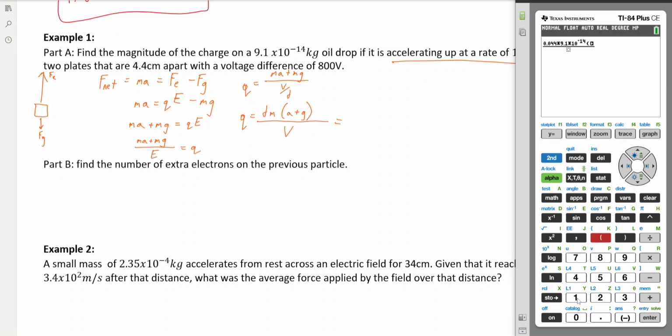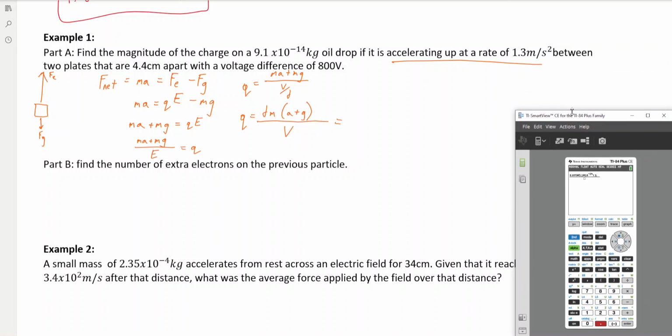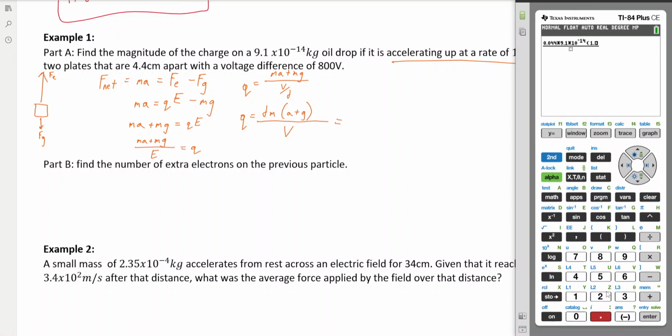Bracket 1.3, I think it was. Yeah, 1.3 plus 9.81 bracket divided by the voltage, which was 800 volts. And so we get 5.56 times 10 to the negative 17.